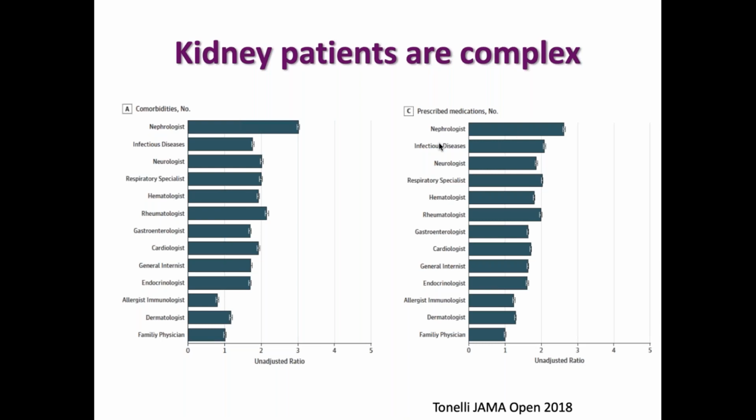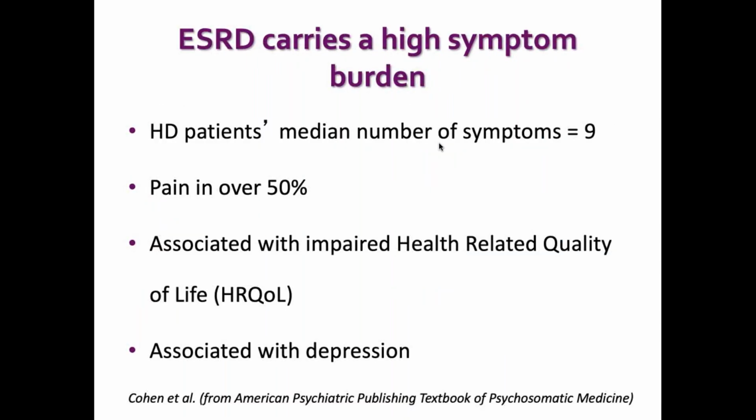And on the right-hand side, the figure shows that, again, patients who come to see a nephrologist actually receive the largest number of prescribed medications, once again, compared to patients who see any other medical specialist. So this is something which we knew instinctively, but this has now been documented using systematic methodology.